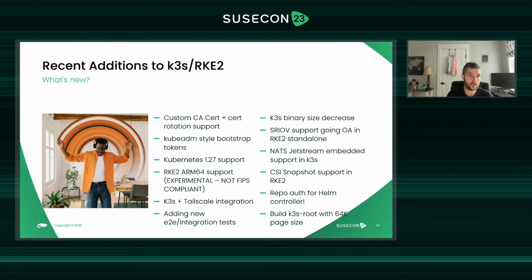So we've added an RKE2 token and K3s token command that's quite similar to what you would see upstream to help ensure that you can create and delete these bootstrap tokens much more easily and much more closely aligned to how it's done upstream. We have recently enabled Kubernetes 1.27, obviously within 30 days, like I mentioned before.